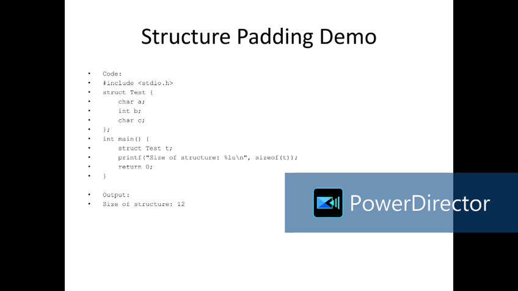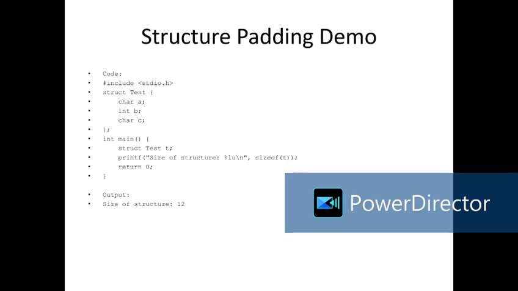Structure padding demo. Structure padding is the automatic addition of unused memory bytes between structure members to satisfy memory alignment requirements. For example, a char takes 1 byte. An int often requires alignment at 4 bytes.